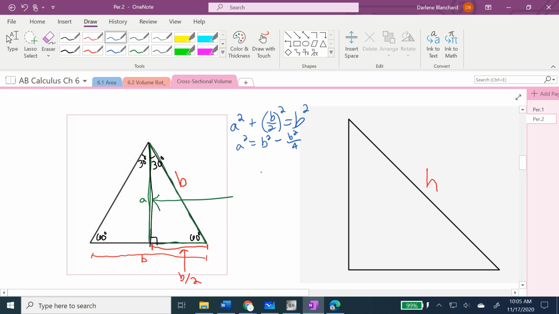And hopefully you can see what am I trying to do? Oh yeah, square root. And subtraction. Oh, don't take the square root yet, silly.